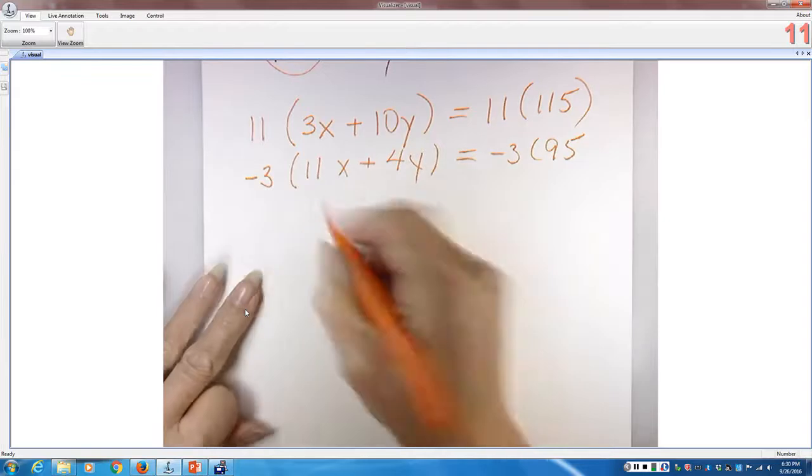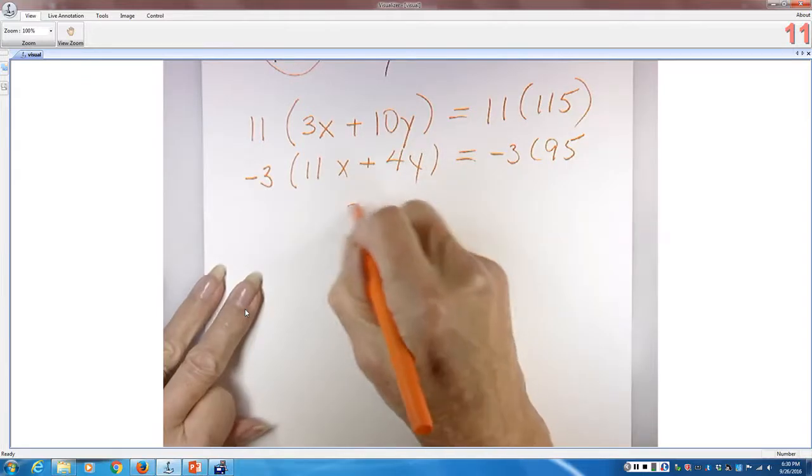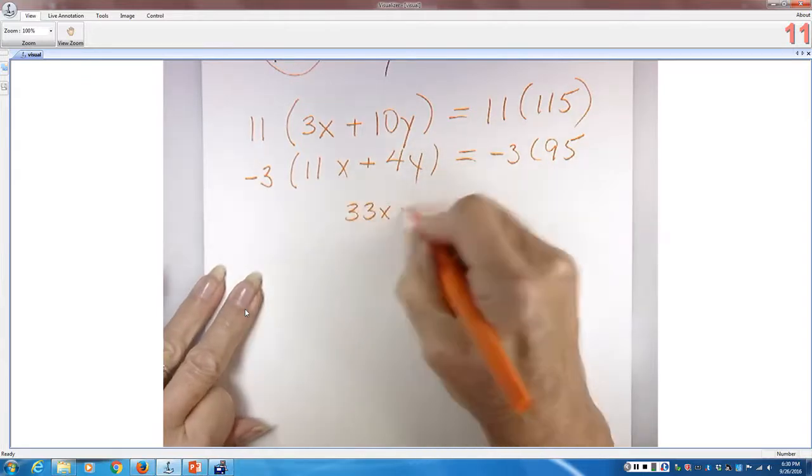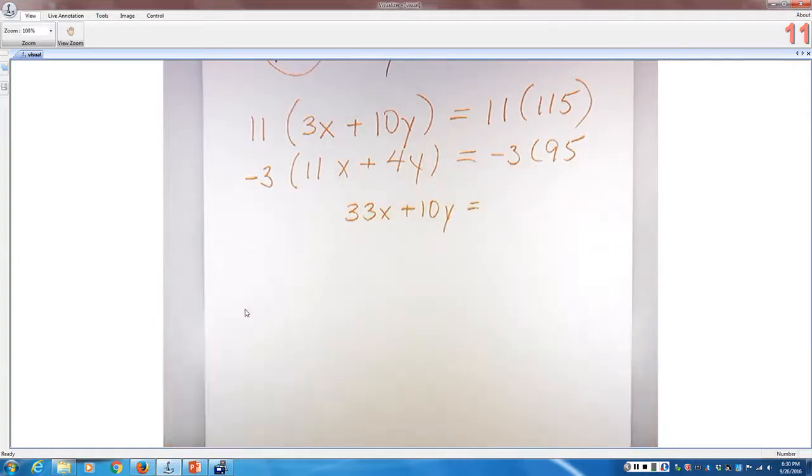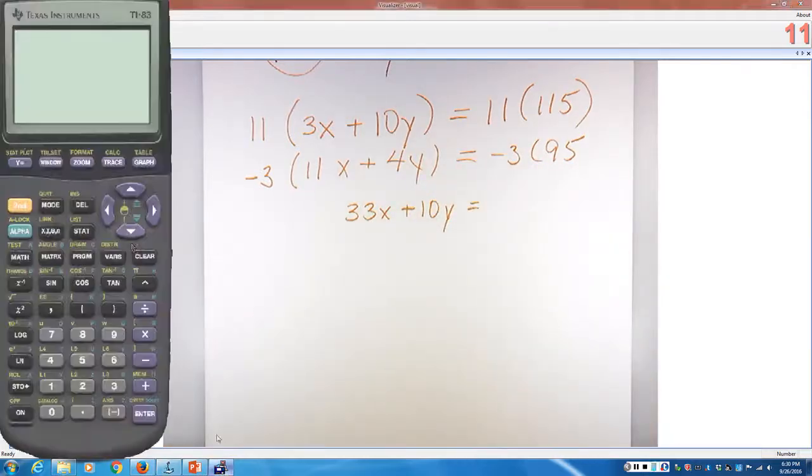And when I do that, I wind up with 33x plus 10y equals, and I'm going to get my calculator because I don't remember what it was.